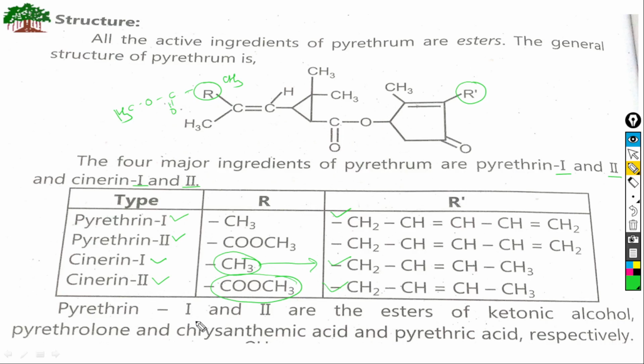So pyrethrin 1 and 2 are the esters of the ketonic alcohol pyrethrolone and chrysanthemic acid and pyretric acid respectively.